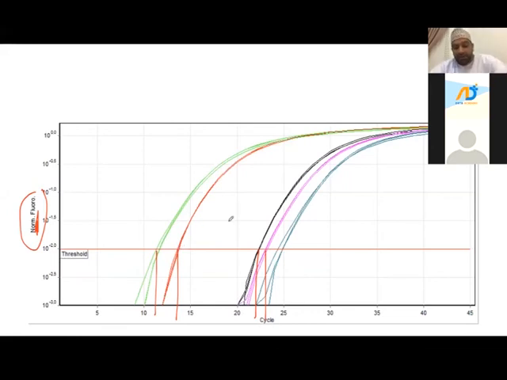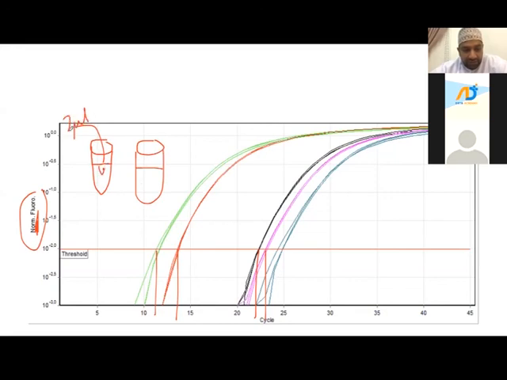Now, one of the problems is that whenever you have the same sample, I have 2 tubes, and I use 20 microliter reaction in all the samples. And then I start to load my sample here. Suppose I load my sample, which is RNA or DNA, 2 microliter. But you have some problem with pipetting.